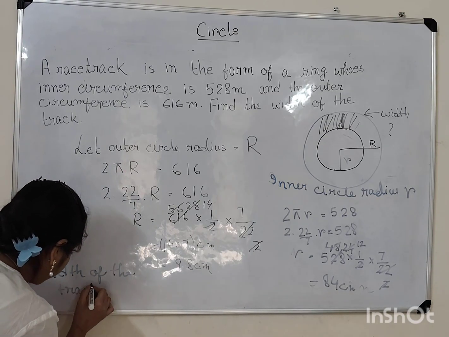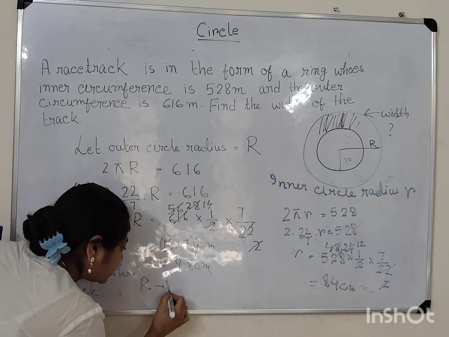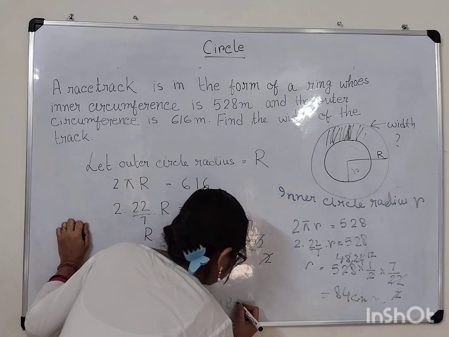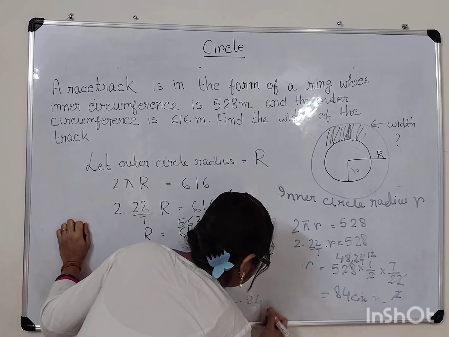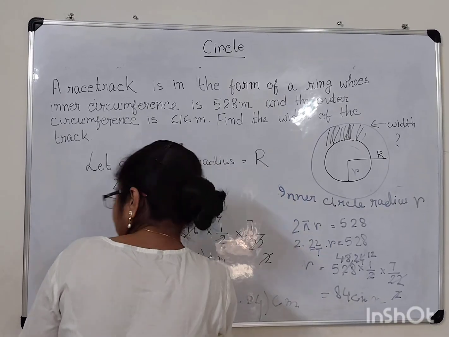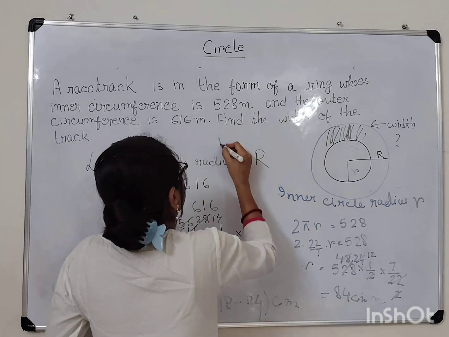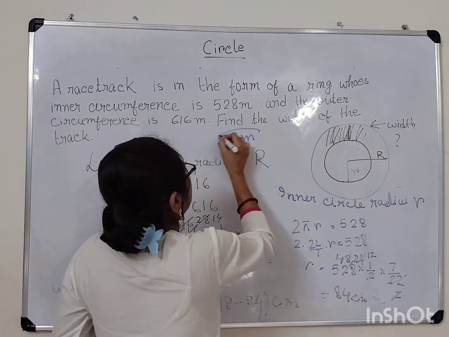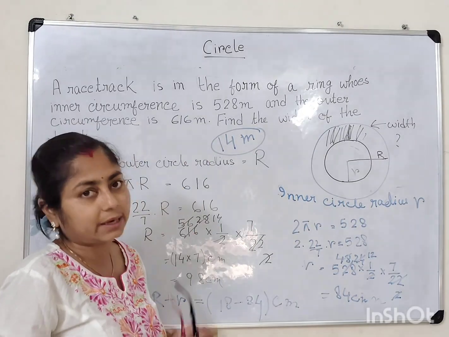Width of the track, capital R minus small r, means 98 minus 84 centimeter. Now you subtract and write the answer. Our answer is 14 meter. The width of the track is 14 meter.